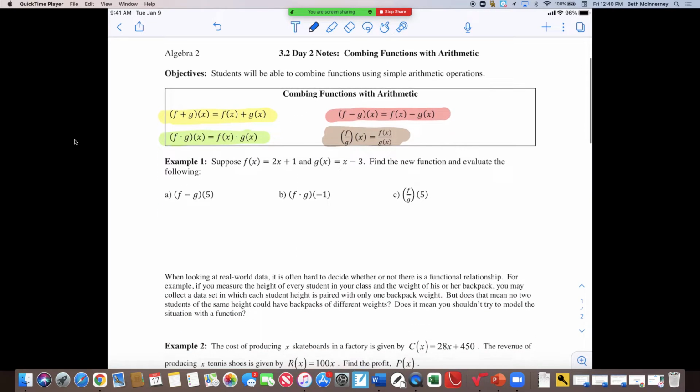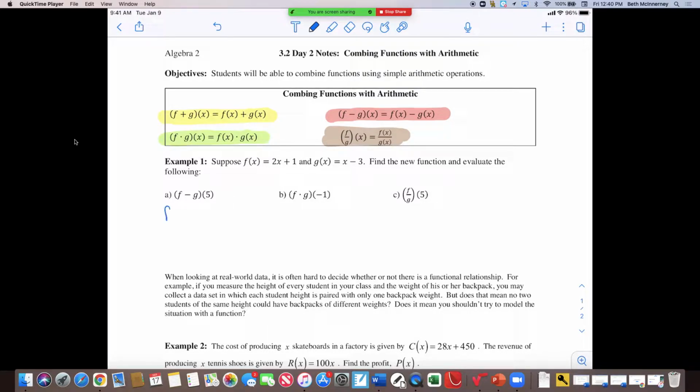Okay? So let's look at example 1. If f of x is 2x plus 1 and g of x is x minus 3, we want to find the new function and evaluate the following. So if I have f minus g of 5, let me rewrite this for you.